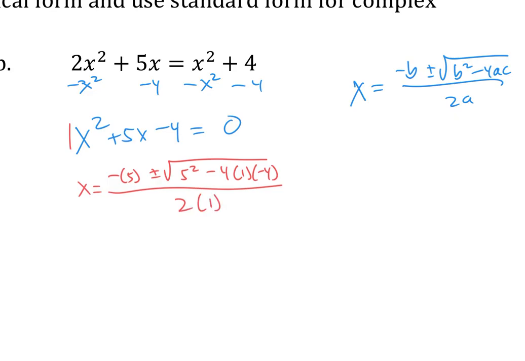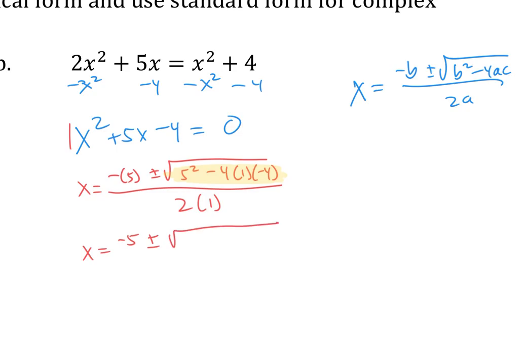Now, almost 99 times out of 100, I'll say, if you're going to make a mistake, it's going to be right here. Okay, so let's do this. This is called the discriminant. The discriminant needs to be evaluated carefully. Okay, so just do your order of operations and you'll be fine. So we have x equals negative 5. So let's take care of that discriminant.